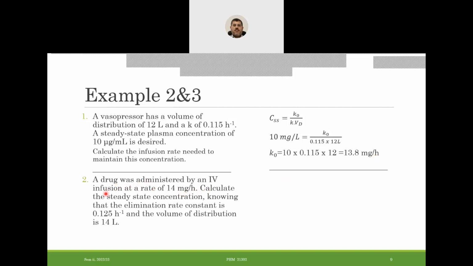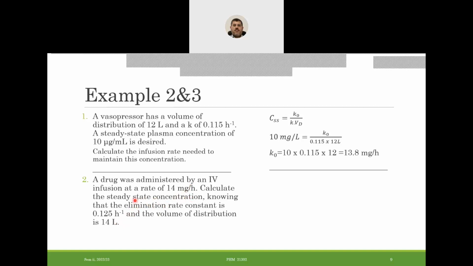Another problem: a drug was administered by IV infusion at a rate of 14 milligram per hour. Calculate the steady state concentration, knowing that the elimination rate constant is 0.125 hour to the power minus 1 and the volume of distribution is 14 liters. We look at the units: milligram per hour, and volume of distribution is given as 14 liters.